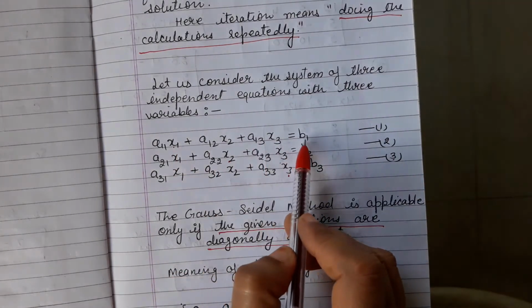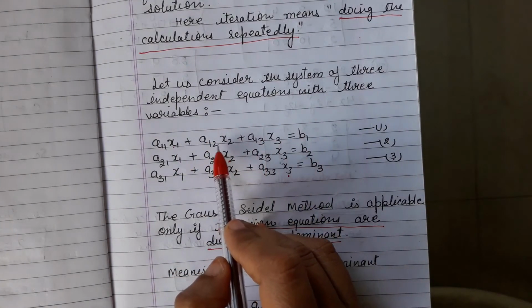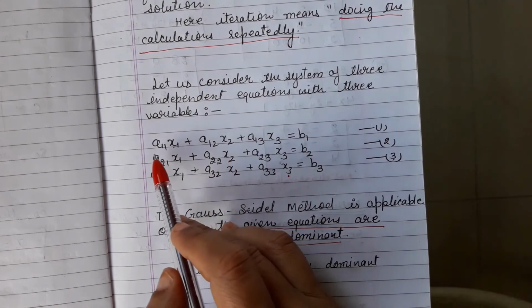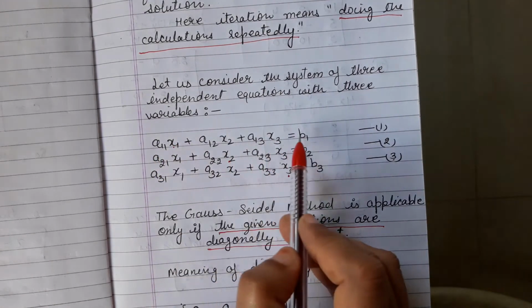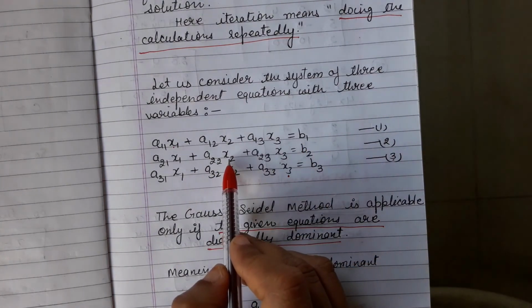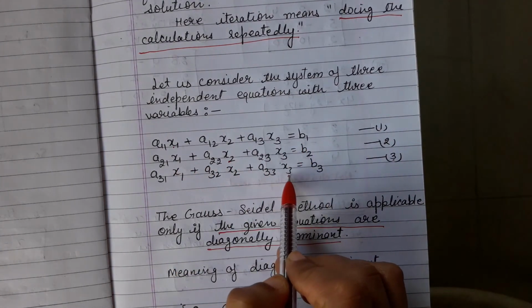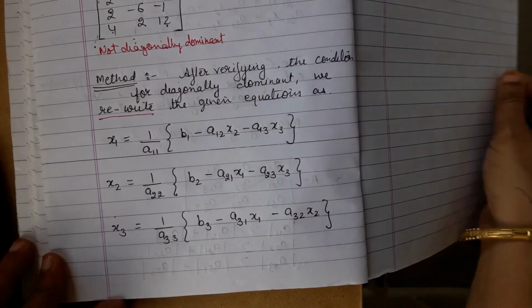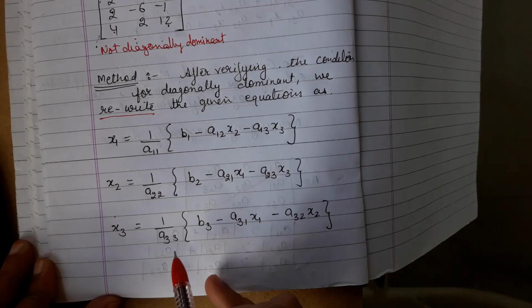So x1 will be b1 minus a12 x2 minus a13 x3, divided by a11. It's just finding the value of x1 using the first equation, then x2 using the second, and then x3 using the third.